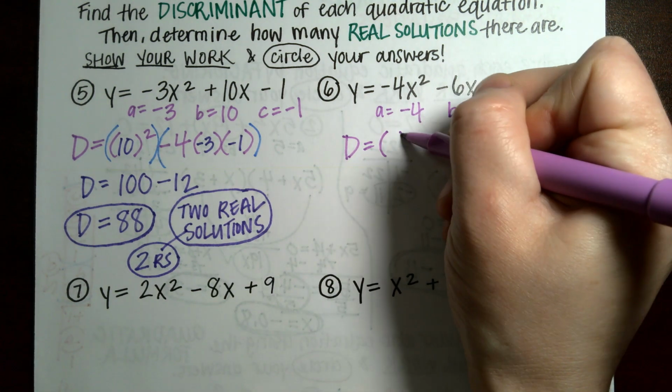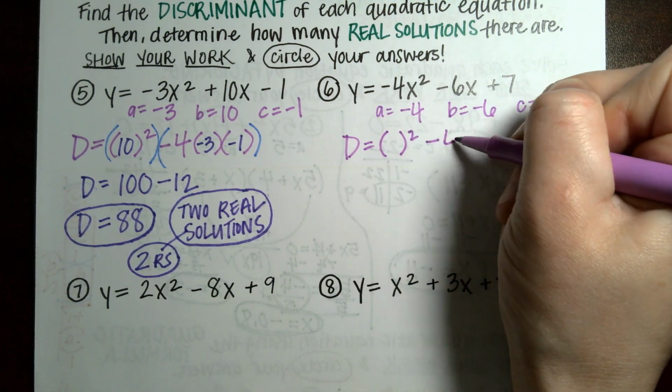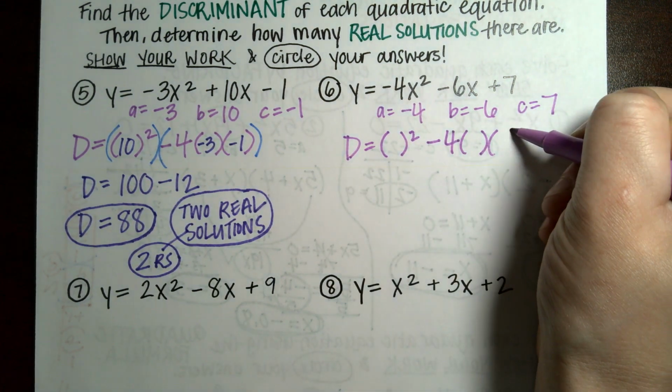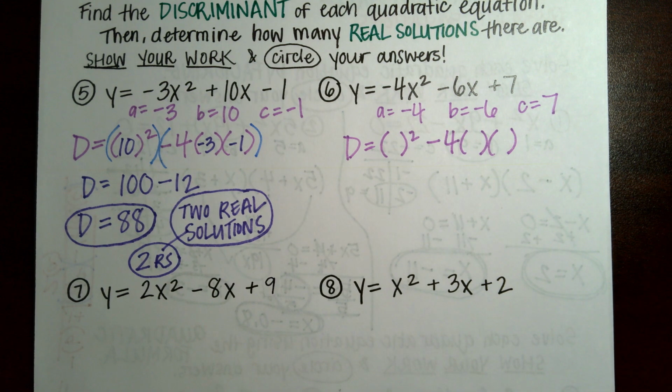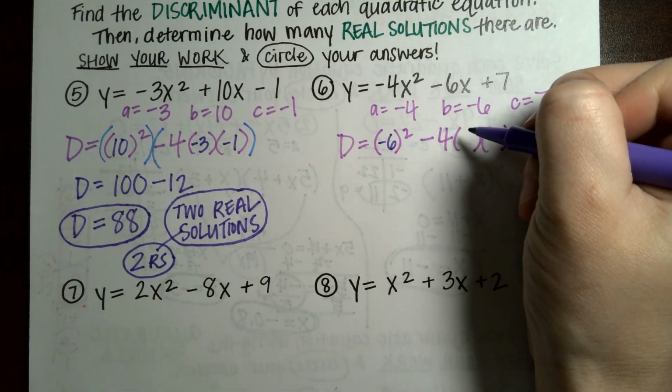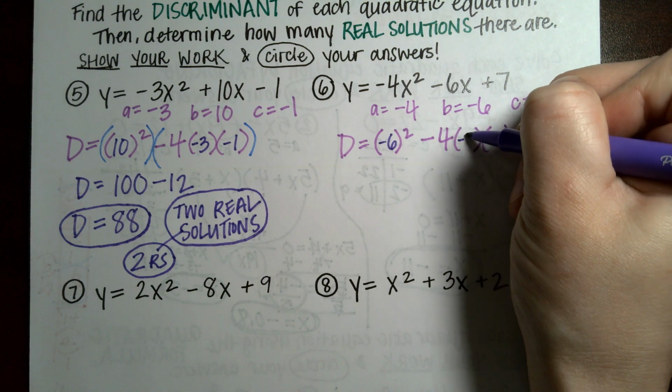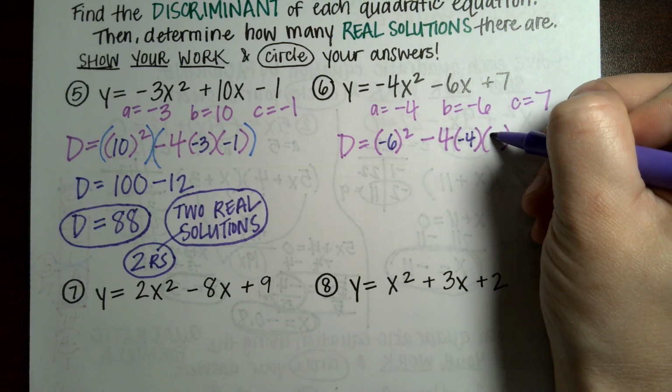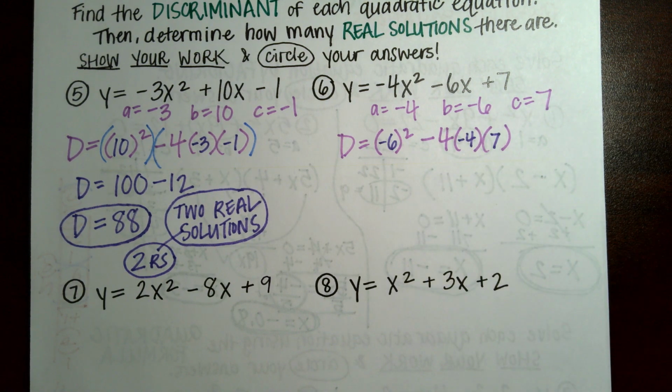So let's make the formula. We're going to do B squared minus 4 times A times C. -6 squared. Good. Times -4 times 7. Good. That's -4 times 7.